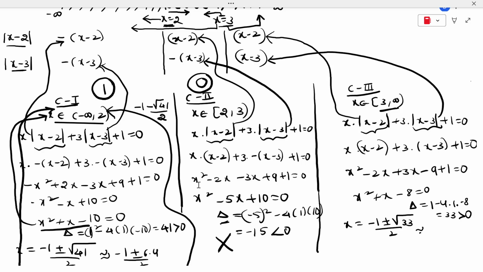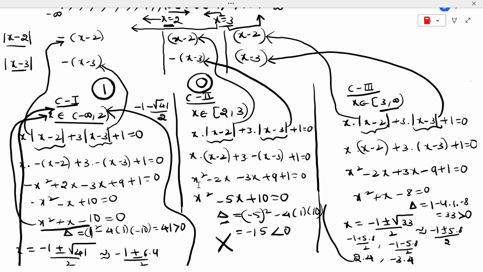So that is approximately minus 1 plus or minus 5.8 divided by 2. So the first root would be minus 1 plus 5.8 by 2, and the second root would be minus 1 minus 5.8 by 2. So 5.8 minus 1 is 4.8, by 2 is 2.4. This is minus 6.8 by 2, which means minus 3.4.